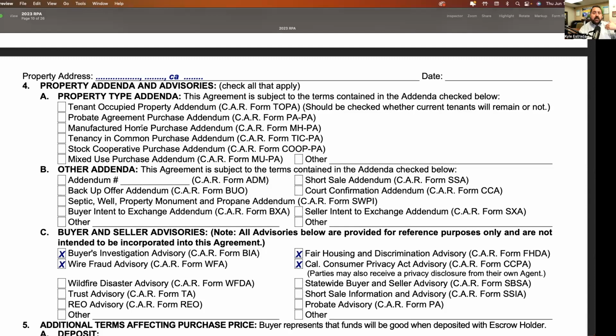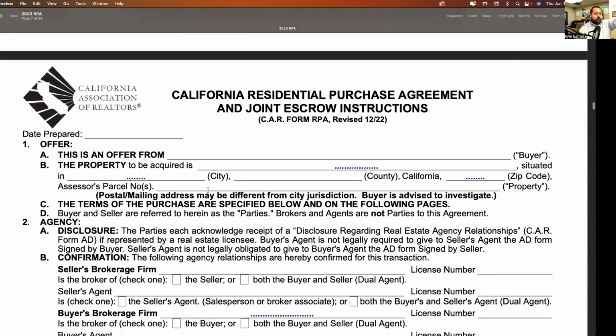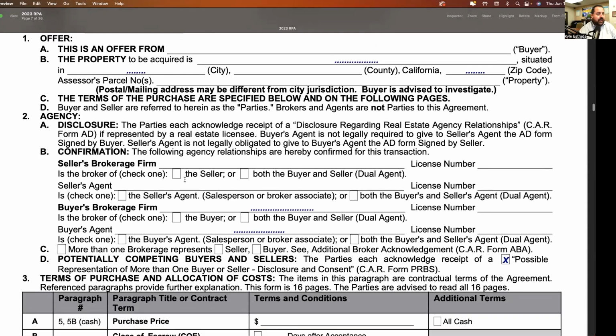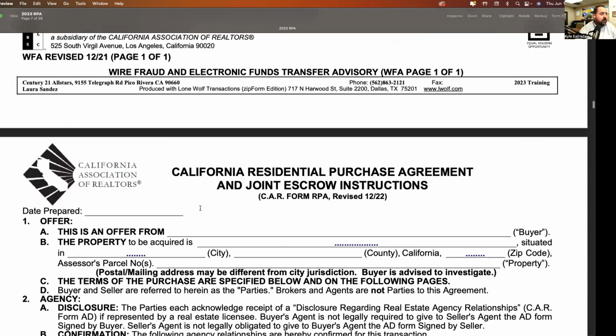But anything that needs to be added, right? A probate agreement purchase addendum, the manufactured home purchase agreement addendum. These boxes will be checked because we check them at the very beginning, and I'll go all the way back to the top. But when this is a probate, right? Where is that?